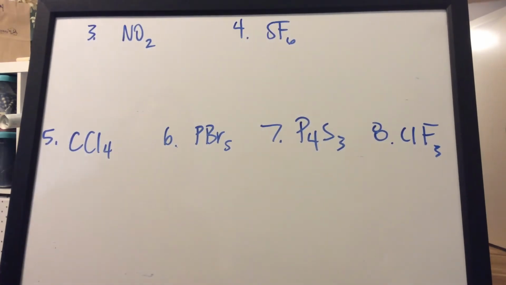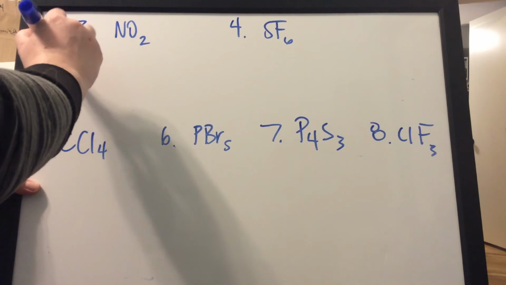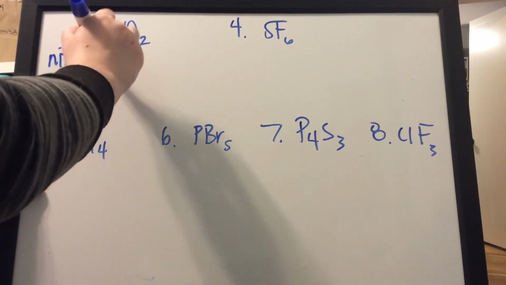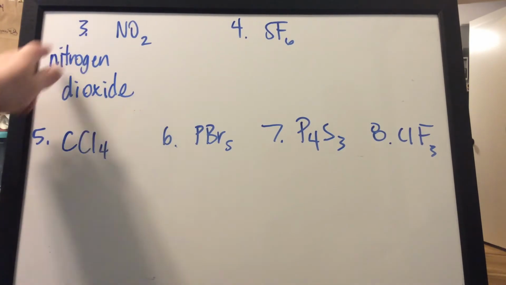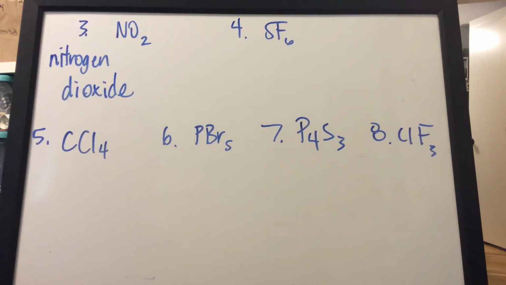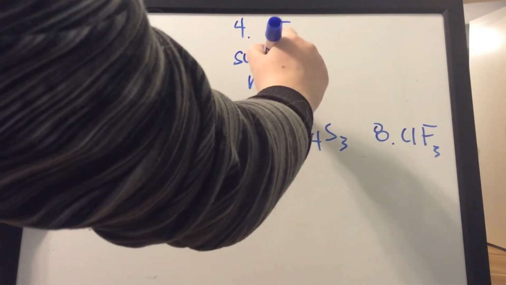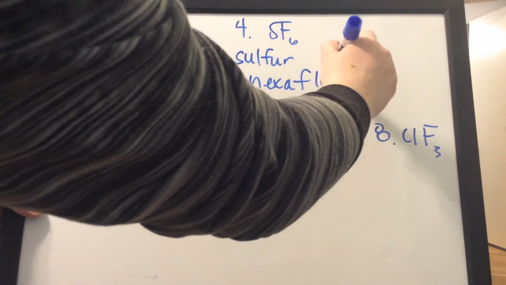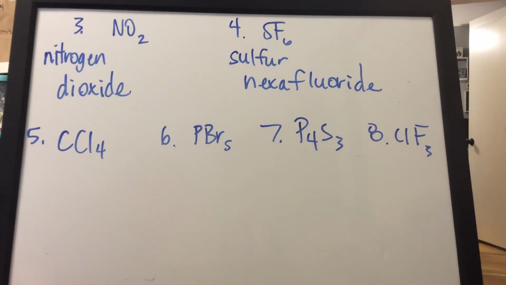Okay, so here we go. Second one, the third one, I guess. This would be nitrogen dioxide. Okay, notice there's no prefix in front because there's only one. Nitrogen dioxide. This is going to be sulfur hexafluoride. Okay, sulfur hexafluoride.